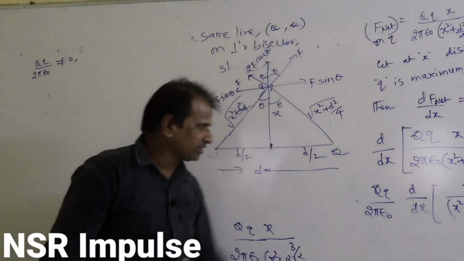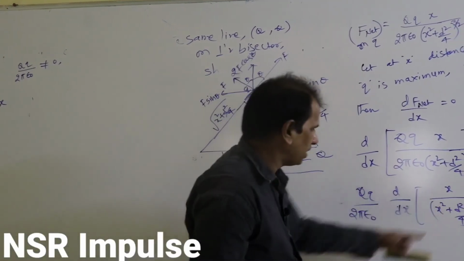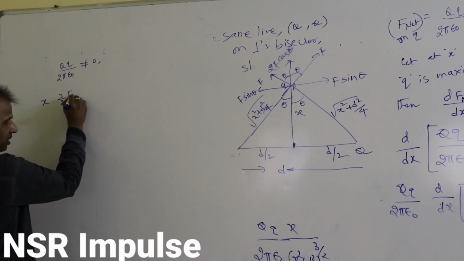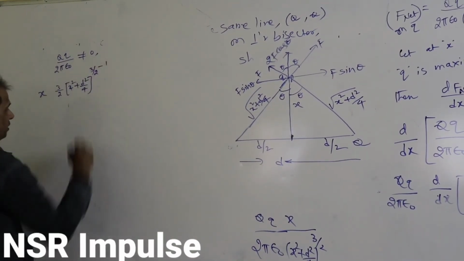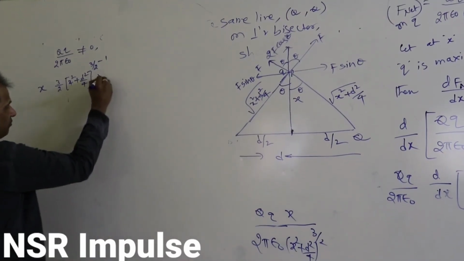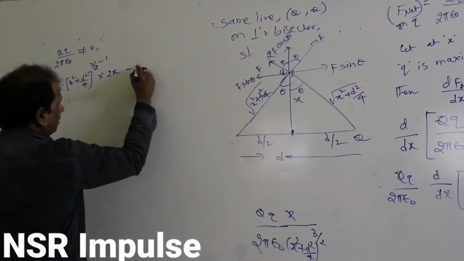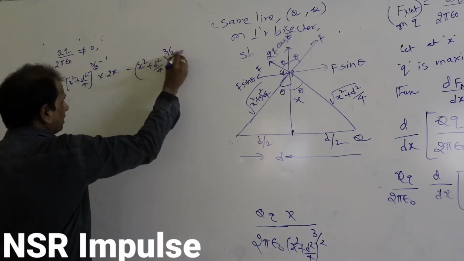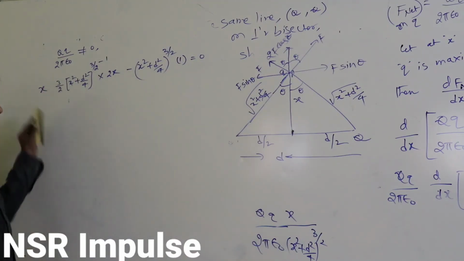If you differentiate that one, this is the u by v formula. We have to use u by v here. So x into 3 by 2 of (x square plus d square by 4) whole power 3 by 2, minus 1 into, again we have to differentiate this, x square, 2x, minus x into (x square plus d square by 4) whole power 3 by 2, d by dx of x is 1, is equal to 0. Whole divided by something, if you cross multiply, that becomes 0.